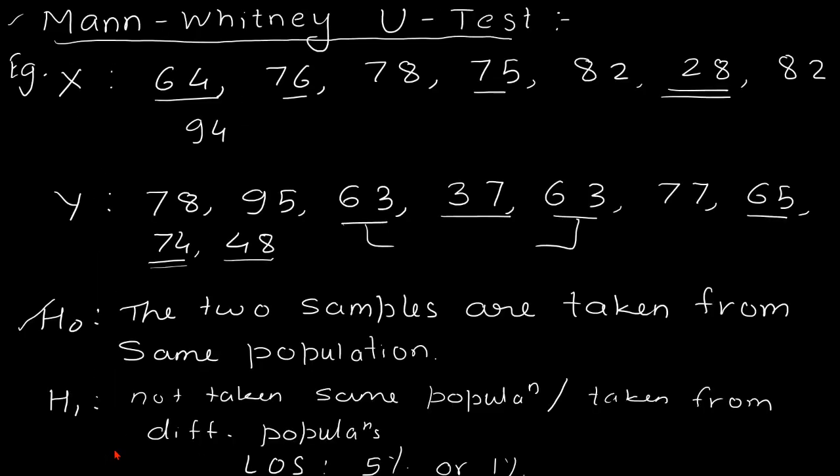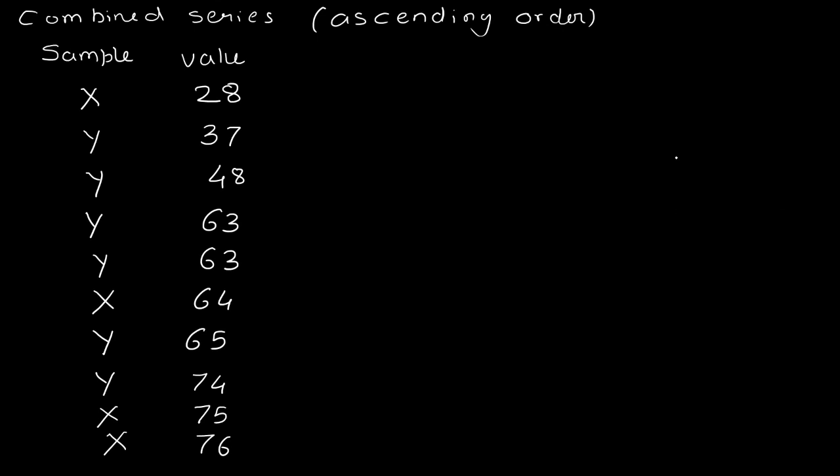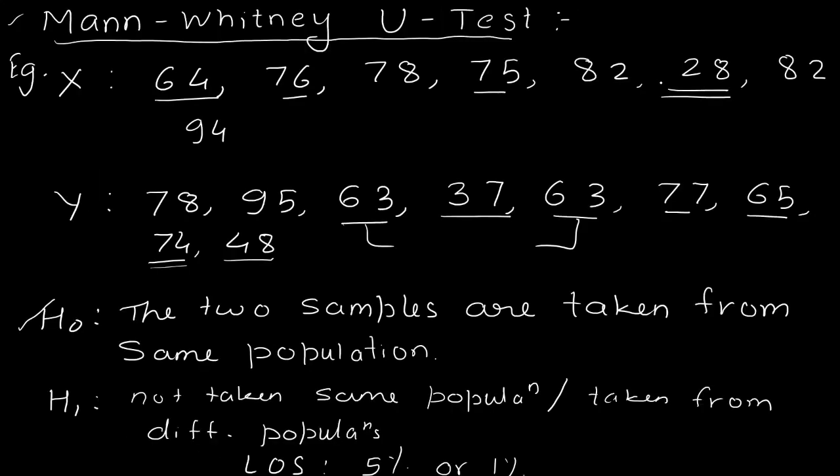Then after 76, the next is 77 from y. I'll write this here, 77 from y. Then after 77 comes 78.